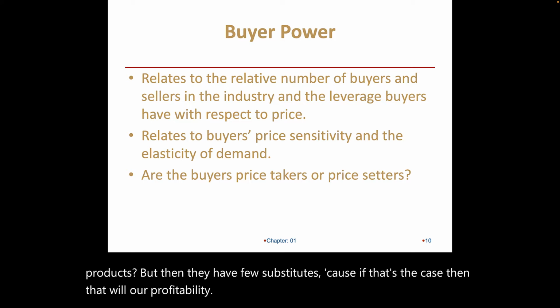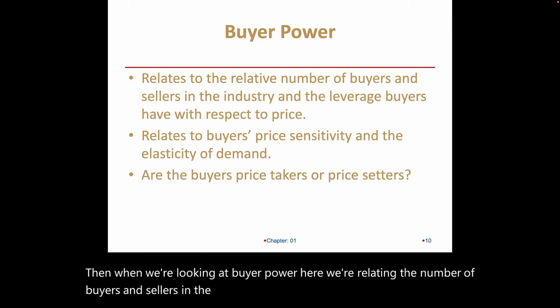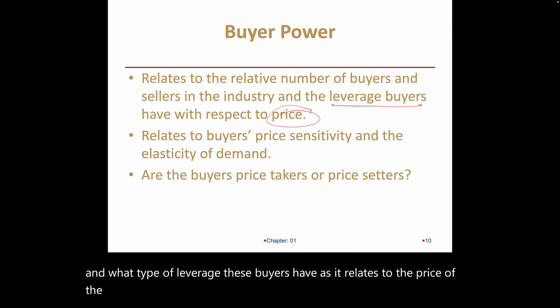Then when we're looking at buyer power, here we're relating the number of buyers and sellers in the industry, and what type of leverage these buyers have as it relates to the price of the product. So it relates to the buyer's price sensitivity and the elasticity of demand.